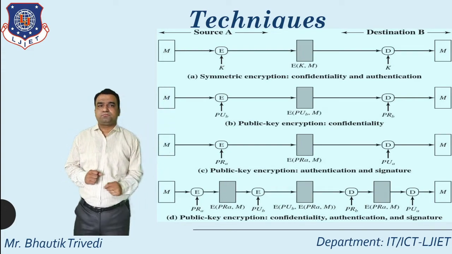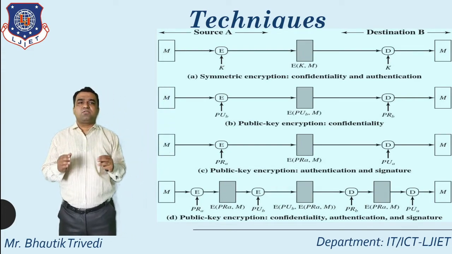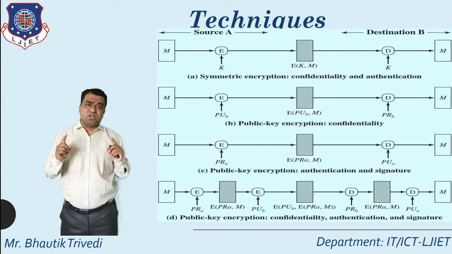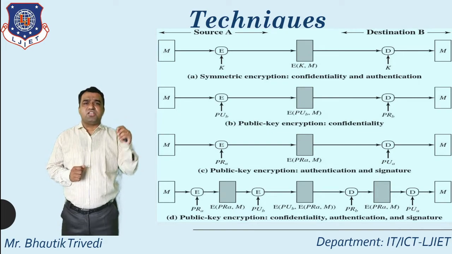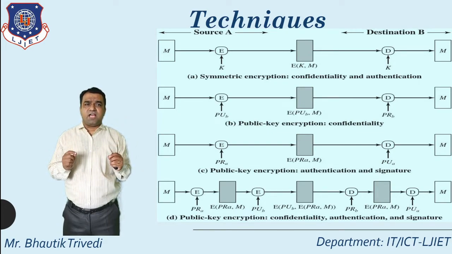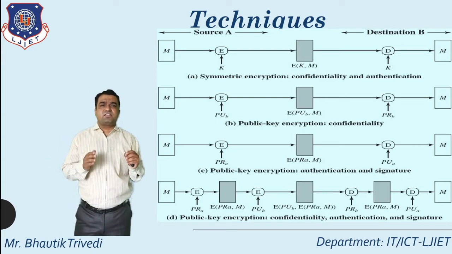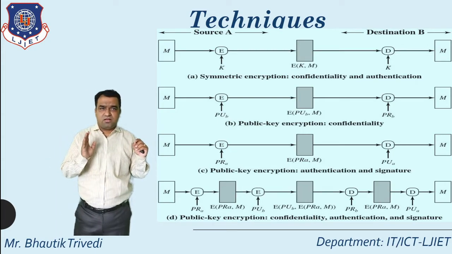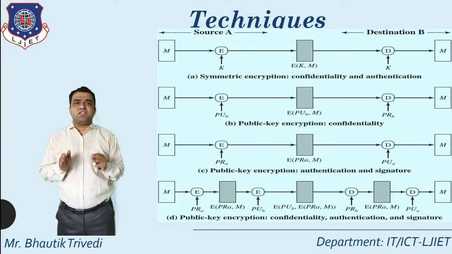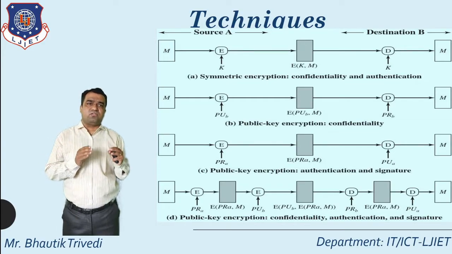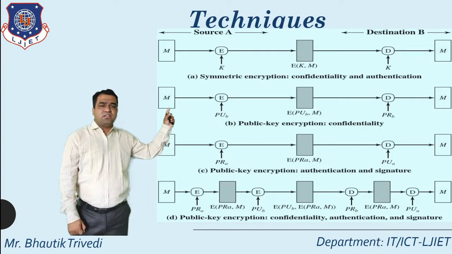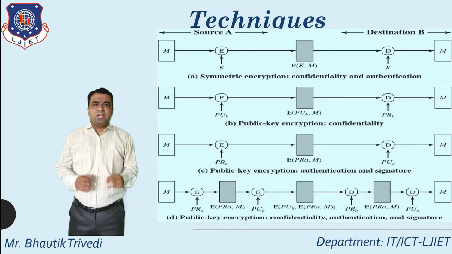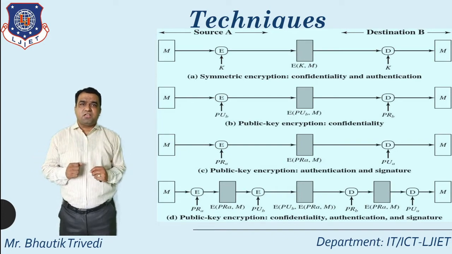Diagram number 2, using the concept of confidentiality. Must remember one thing, whenever you talk about confidentiality in security, at that time the receiver's private key is the part of decryption. So here you just see, first of all, the message, then I apply the encryption, but encryption using which key?